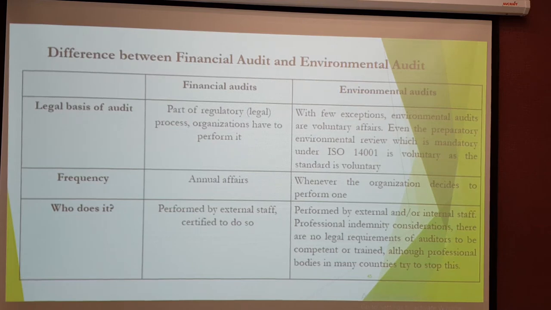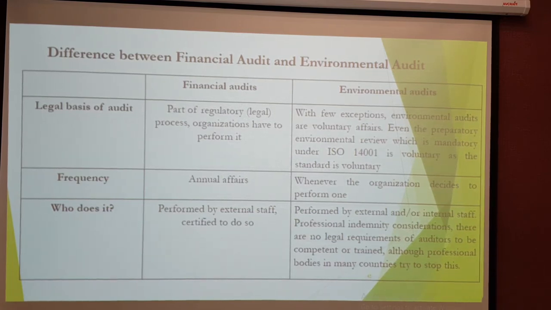But in case of environmental audit, with few exceptions, audits are a voluntary affair. In some states it is not even implemented. Even the preparatory environmental review which is mandatory under ISO 14001 is voluntary as the standard is voluntary. So it is not necessary for all factories, organizations, institutes, but financial audit can be done for all as per the legal requirement.